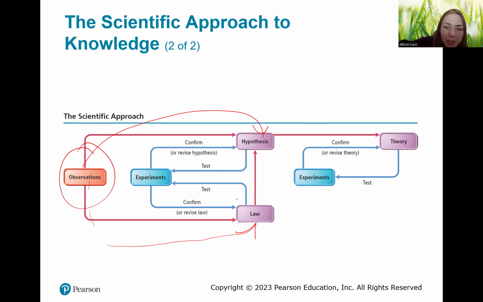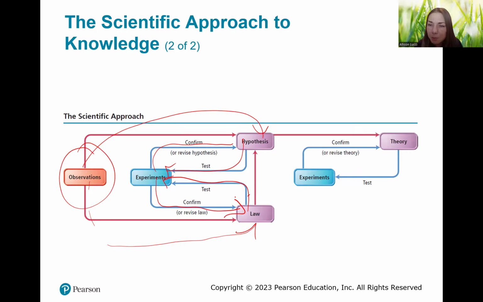And what happens is these experiments, either we're just posing a question or we're saying that these observations have happened so many times, we think it's already a law. The experimentation that we perform still needs to support our hypothesis, which would confirm the hypothesis, or we would revise it, test again, and then hope to confirm it again. The second time we do the experimentation, but our experiment should also confirm our law.